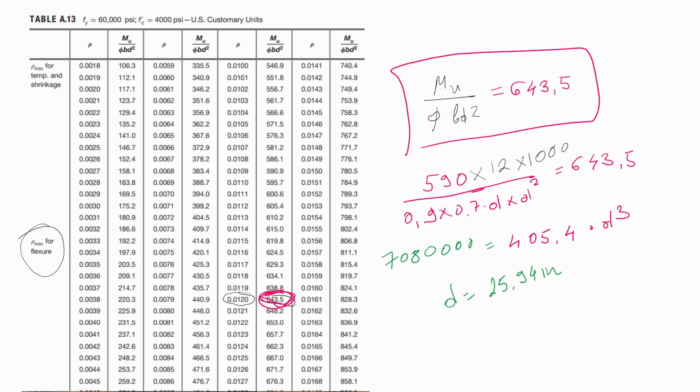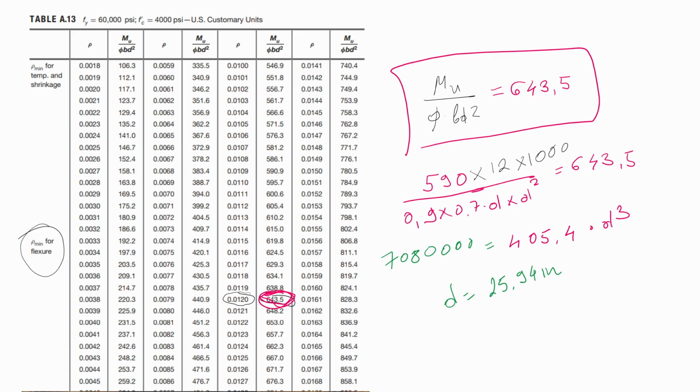Since the reinforcement ratio is given, and we have 0.0120, the ratio Mu over phi b d square is equal to 643.5. So this is table 8.13 for our yielding stress of 60,000 psi, and compressive strength of 4,000 psi. In ACI handouts, you have more tables with different yielding stress and different compressive strength.